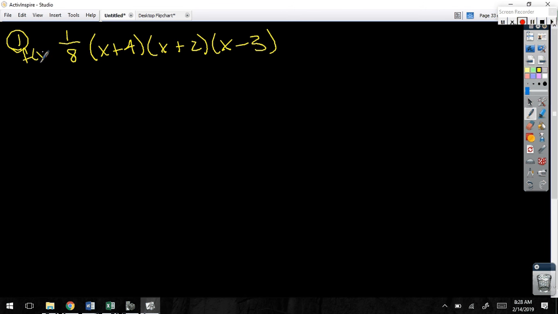All right, number 1. We have 1/8 times (x plus 4) times (x plus 2) times (x minus 3). This is f of x. Now when you plug this in your calculator, I would advise you leaving it like this. Your calculator can take it, all right?